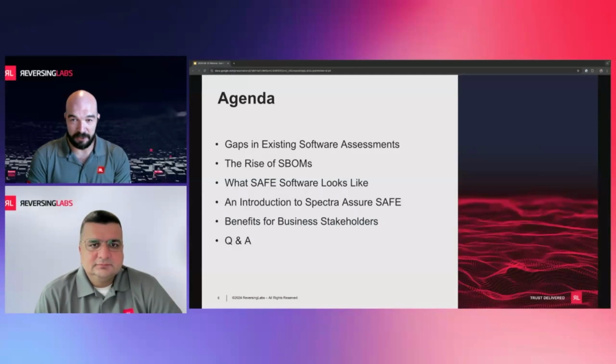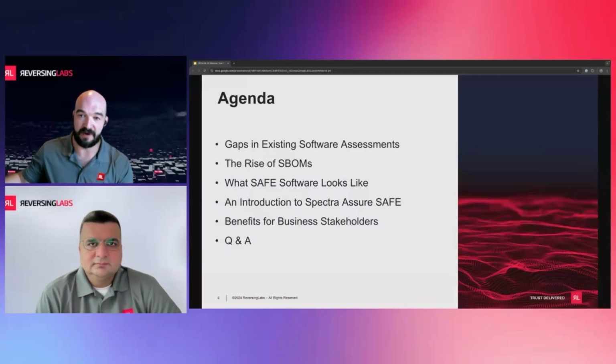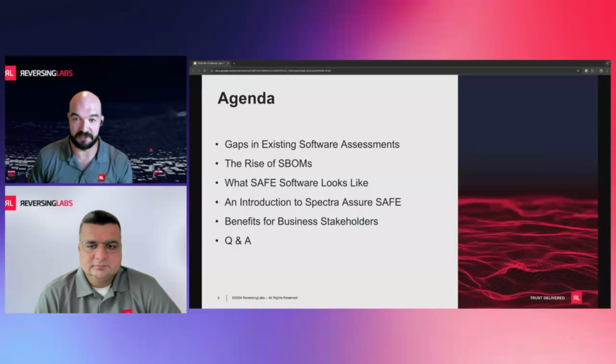We're really going to help you baseline understanding what good, actual safe software looks like, whether you're building software that you're eventually going to be providing to customers, or you're maybe a third-party risk management professional and want to have a better understanding of the software you procure from vendors and understanding if that software is safe to use.